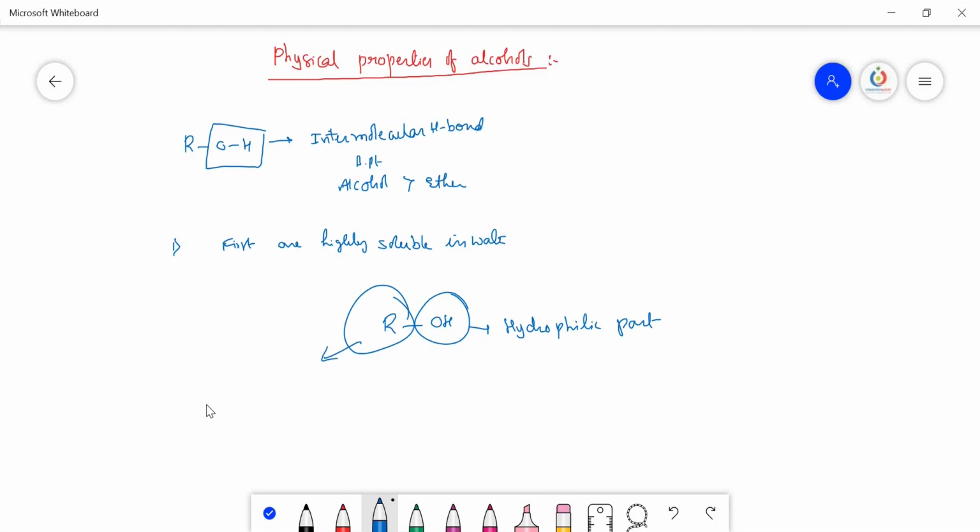But this alkyl part is called the hydrophobic part. So this alkyl part generally does not dissolve in the water. So when the size of this alkyl chain increases, hydrophobic part increases, so the solubility of the alcohol usually decreases when the chain of the alcohol increases.